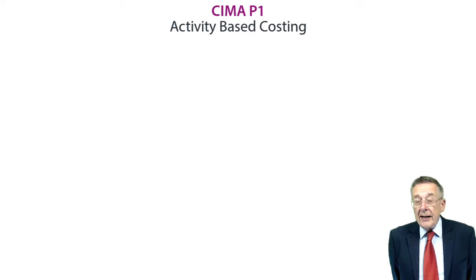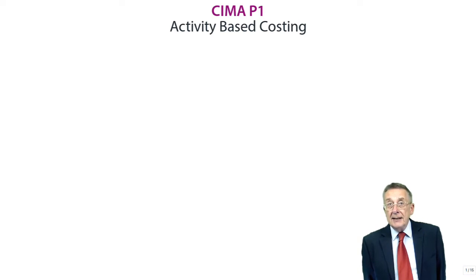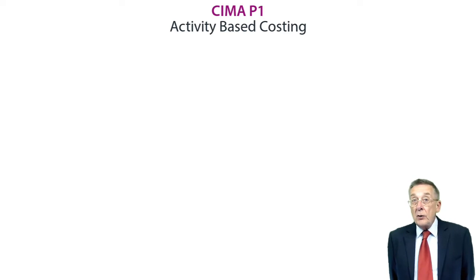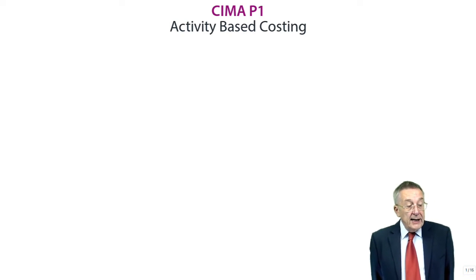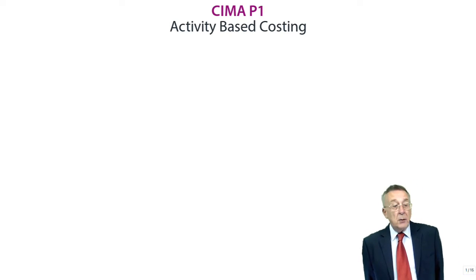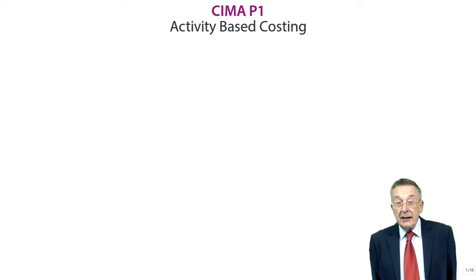Below, we're told what the overheads are. Now, for the moment, forget that breakdown, setup, cost, receiving. I'll explain what all that is when we need it. But in total, we've overheads of 190,000. Finally, it gives us what's called cost driver data. Well, again, I'll explain what that is and how we deal with it when we get there.